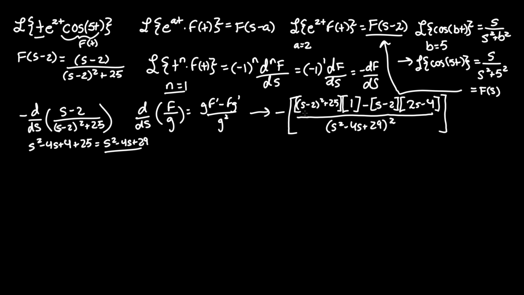Let's do some simplifying, and before we apply the negative, we can address these negatives up here. So negative s minus 2 squared plus 25 minus 2s squared minus 4s minus 4s again, plus 8 over our denominator.